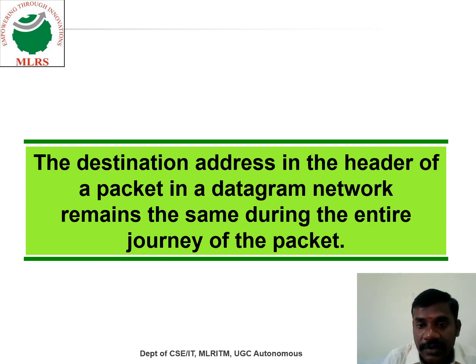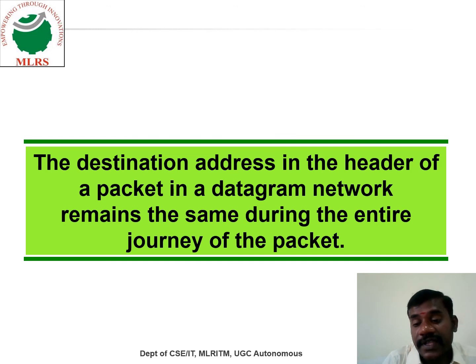Again, I told in the beginning, in this OSI layer, every router must have source address, destination address, and the length of the data. The source address is part of your header, so every incoming packet must have the header. The header contains source address, destination address, and length of the data. While it reaches the destination, it must follow the header principles.